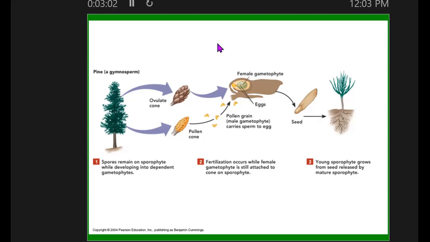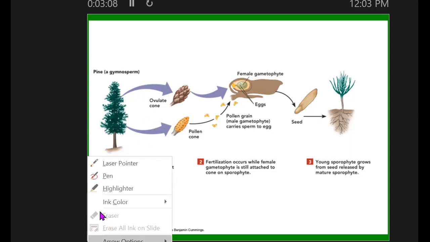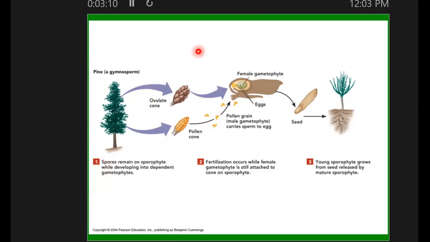We've been focusing on the female cone so far, but we'll get into the pollen cone too. And so these cones being shown in this picture are attached to the tree. All right, and they stay that way, and the gametophytes will develop on the sporophyte.